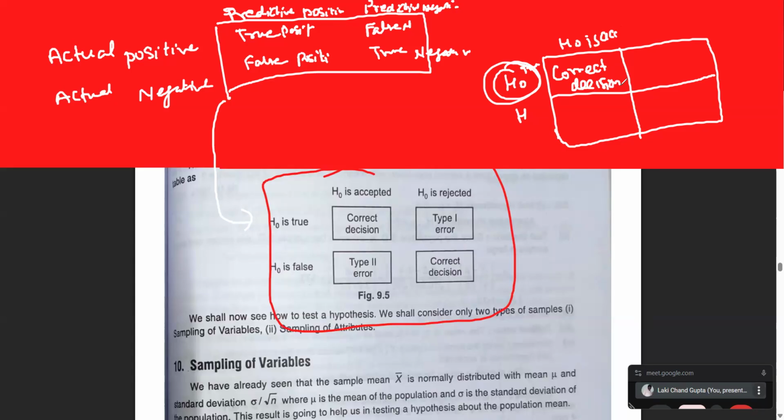But you supposed India can win, but it does not win. Then this is called type 1 error. H0 is rejected means India does not win. Now you understood? H0 is false means suppose you are guessing that India cannot win.